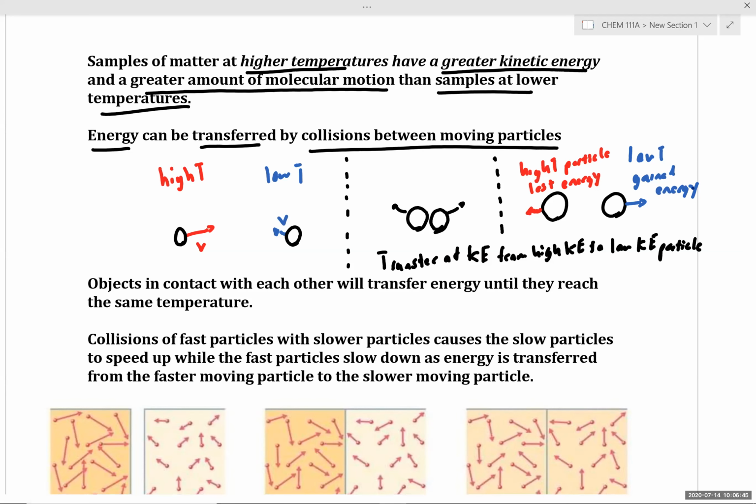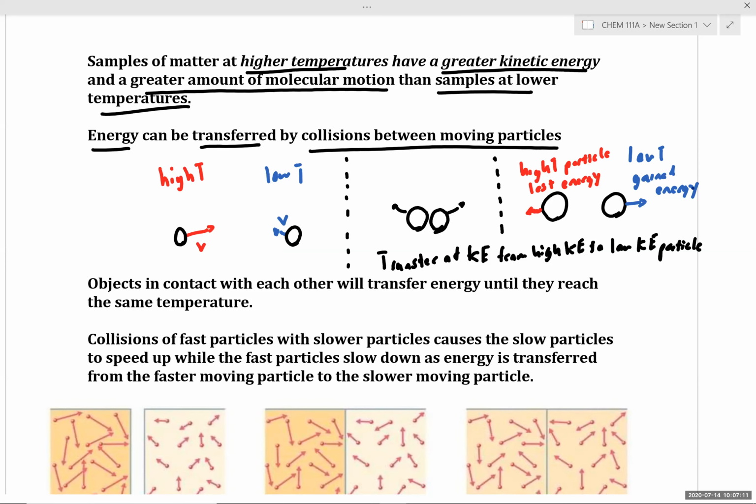So particles can collide. When they collide, there's a transfer of kinetic energy. And then when the particles complete their collision, the high energy particle lost some of its energy, and the low energy particle gained a small amount of energy. Does this idea make sense to everyone?